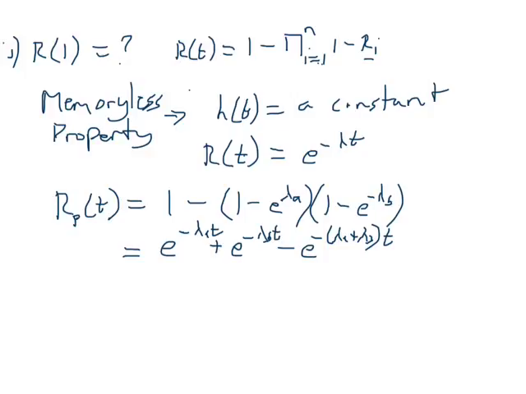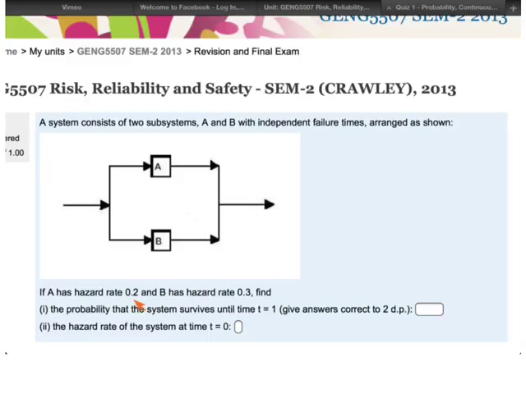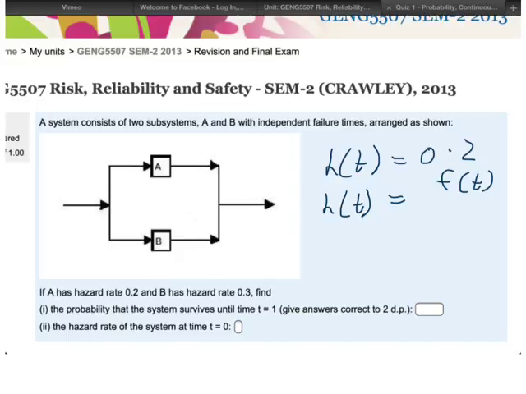So what do we know about this number, lambda? Well, when we're given the exponential, let's just come back. When we're given this 0.2, 0.3, that's telling us h of t is equal to 0.2, say, we'll take the first one, and h of t is also, if you recall, equal to little f of t over the reliability function.